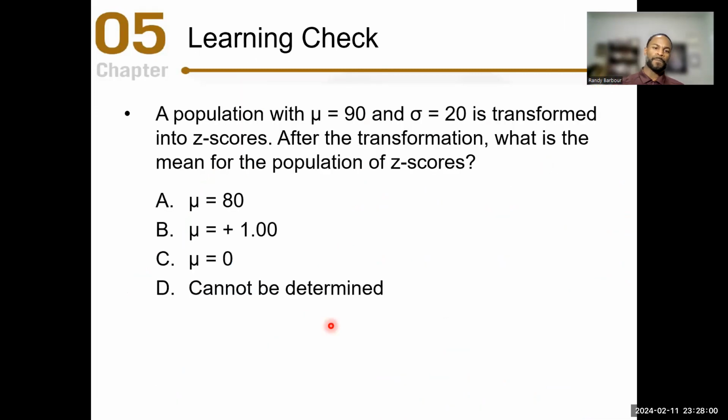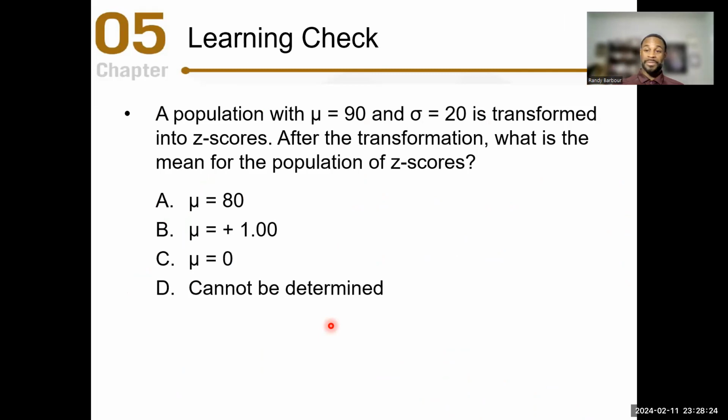This one says a population with a mean of 90 and a standard deviation of 20 is transformed into z-scores. After the transformation, what is the mean for the population of the z-scores? Think about the rules for a z-score distribution.